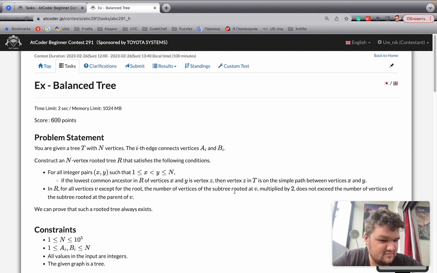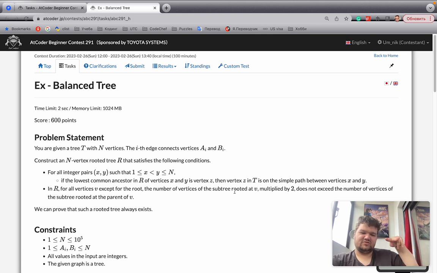Isn't that just constructing a centroid decomposition? I can choose a centroid in the initial tree, make it the root, then recursively construct the tree in each component and connect the roots to the centroid.